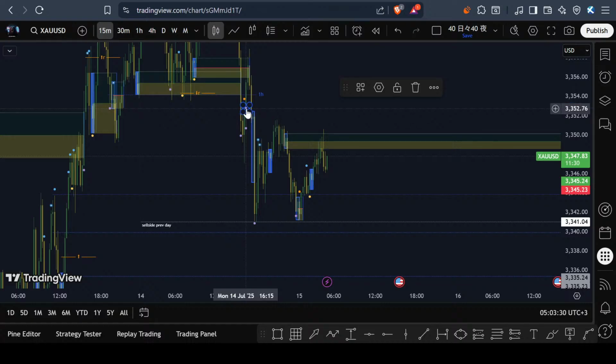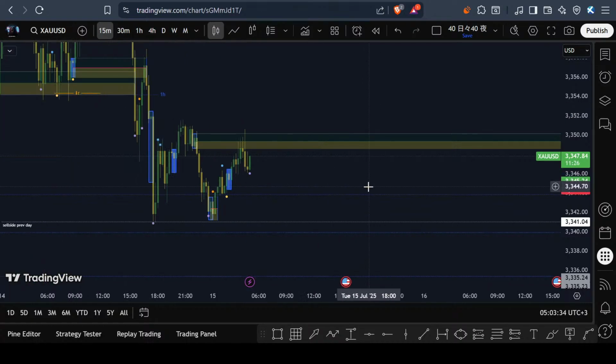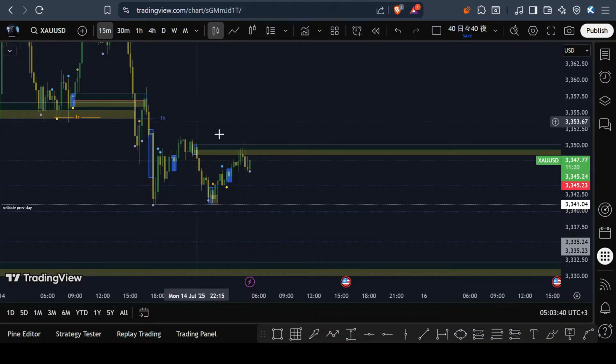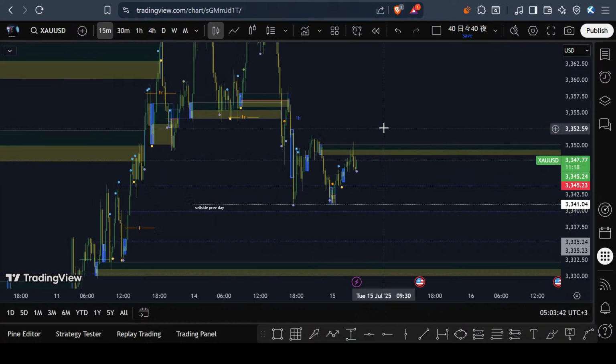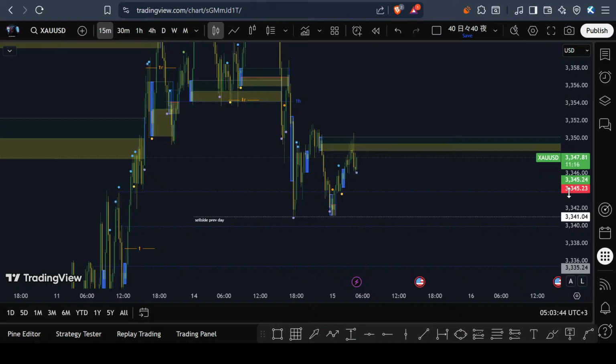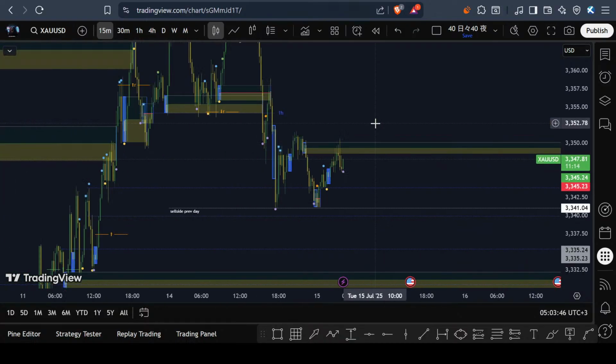But this supply and this demand are proving to be not a pain, but to be significant in this chart.